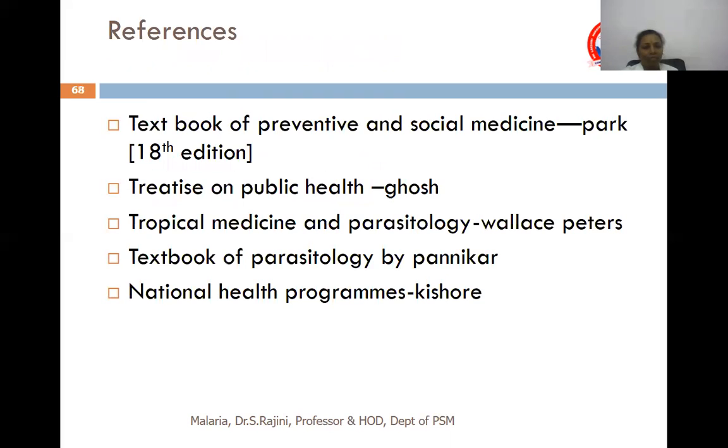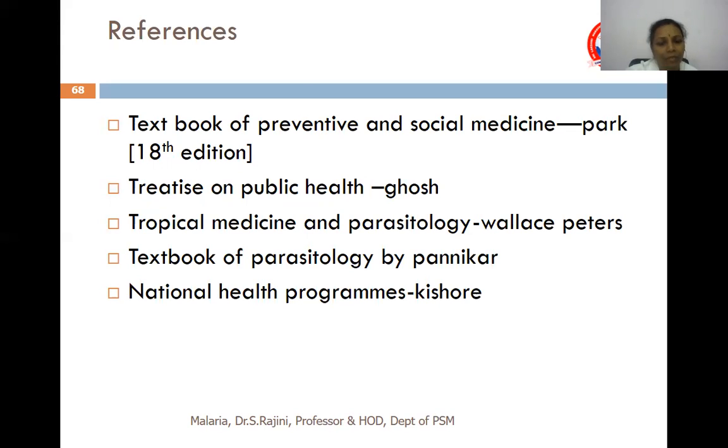These are the references. Okay, so now this is the end of the class. You can go through the book after the class so that you will be able to understand. I want all of you to prepare short notes on these topics: treatment, API, active and passive surveillance, and the national malaria eradication program.